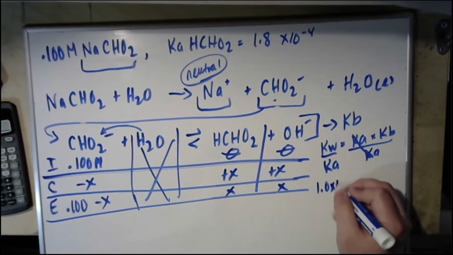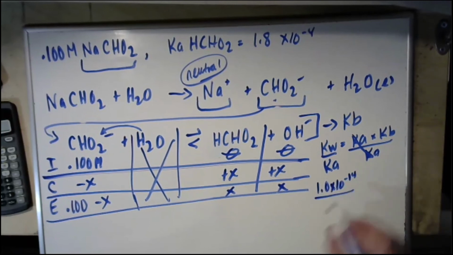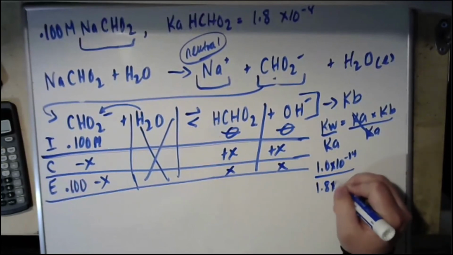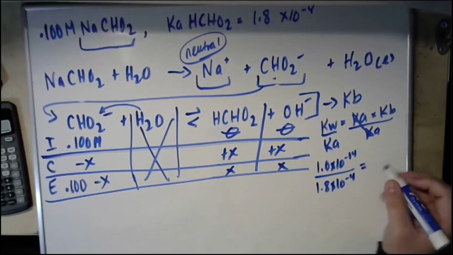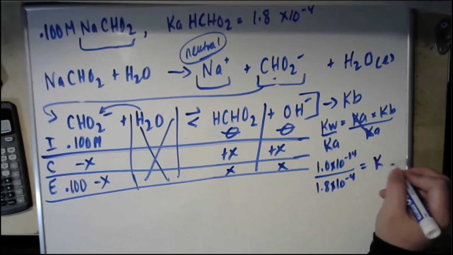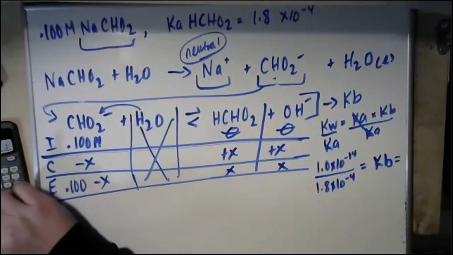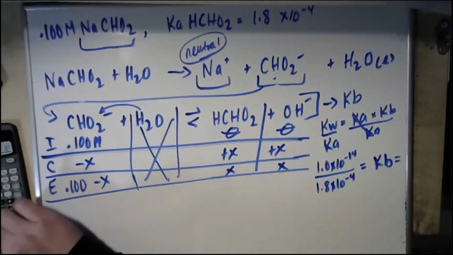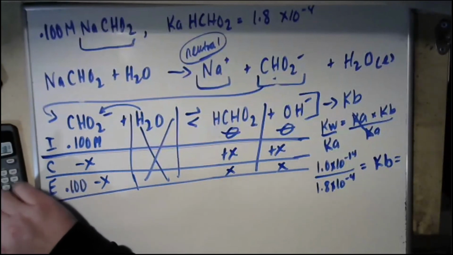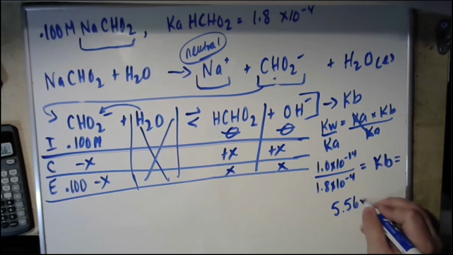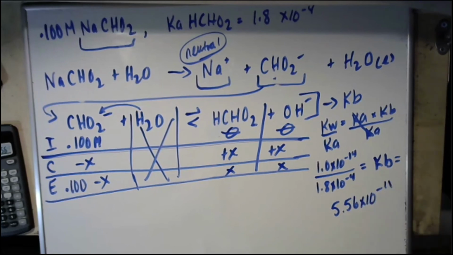So 1.0 times 10 to the negative 14 divided by 1.8 times 10 to the negative 4 is going to give me my Kb value. And I get 5.56 times 10 to the negative 11.